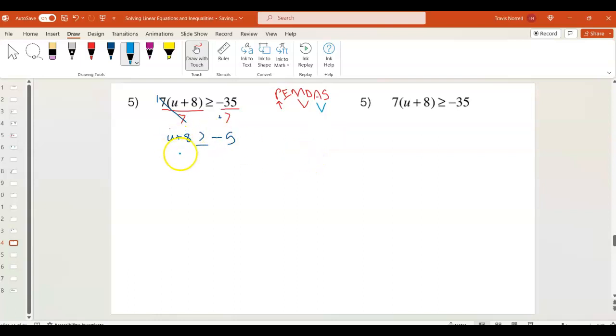The opposite of adding 8 is subtracting 8 from both sides. Positive 8 minus 8 is 0, leaving me u is greater than or equal to negative 5 minus 8. Think about it. I'm 5 feet below the water level, and I go down 8 more feet. Now I'm 13 feet below the water level. U is greater than or equal to negative 13.